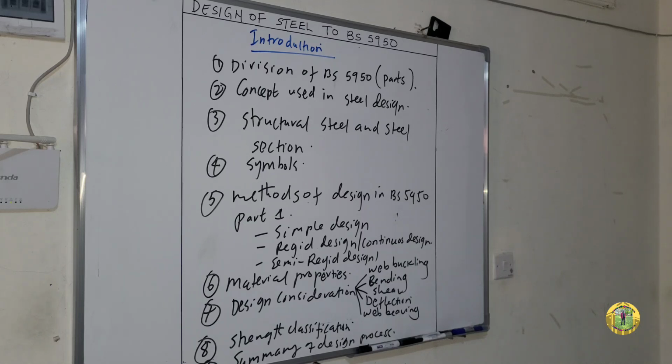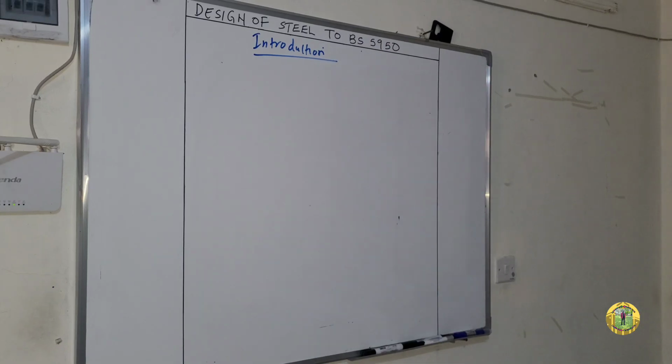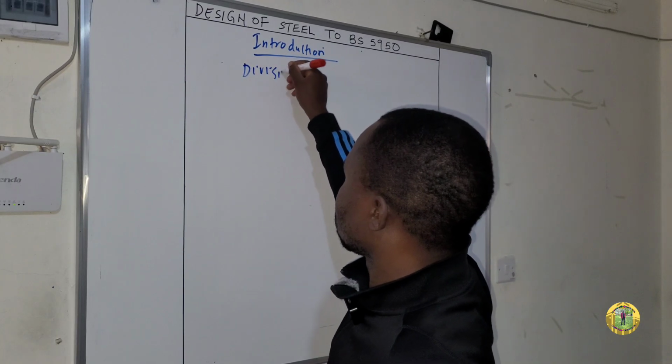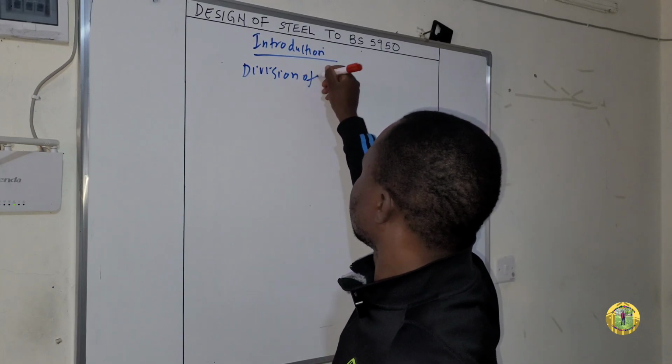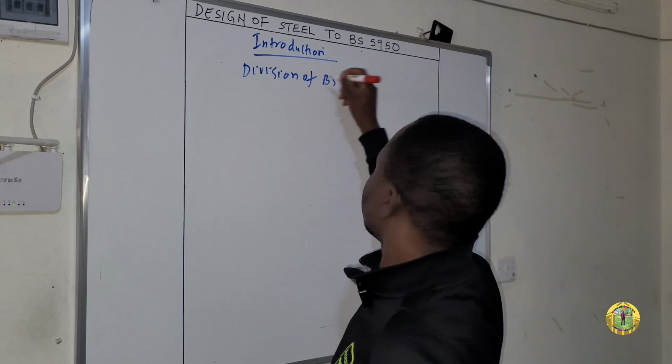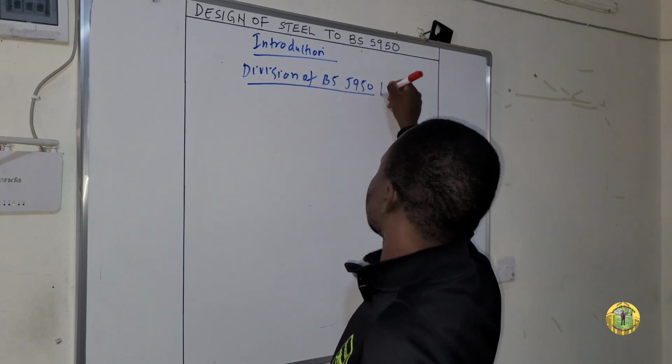So let's start by division of BS 5950, or parts.